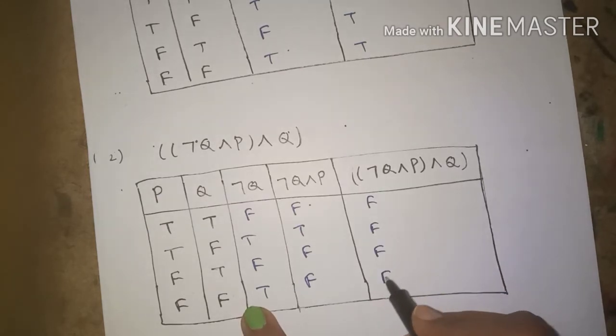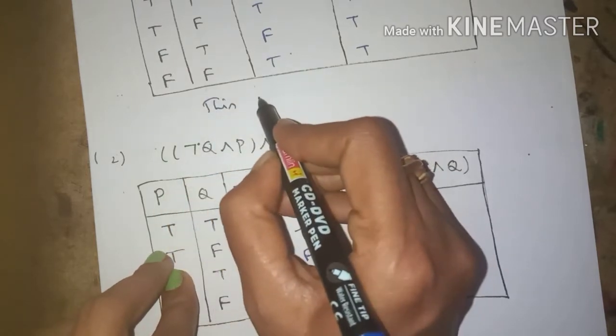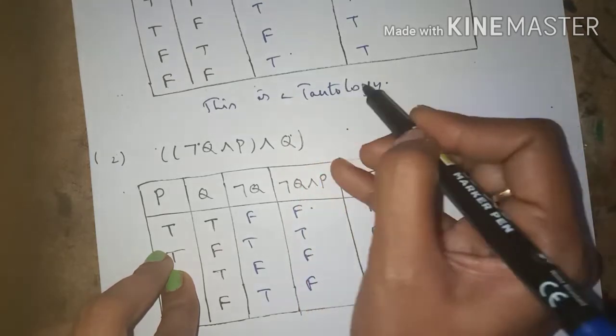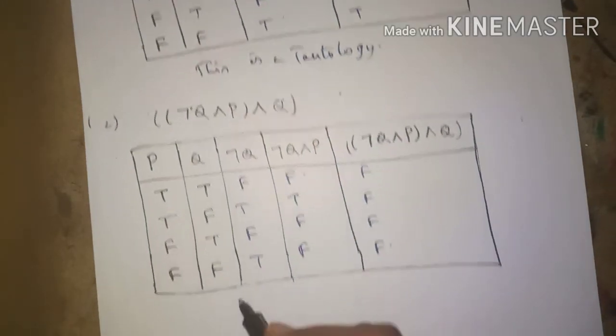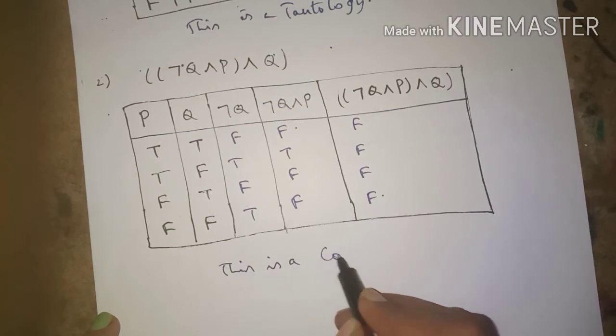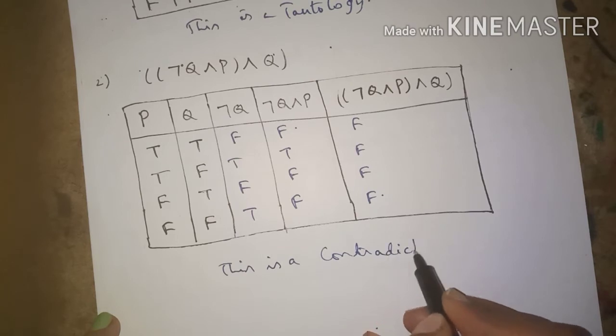You will get all F's. The first is a tautology. This second is a contradiction.